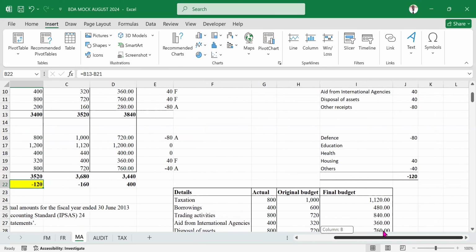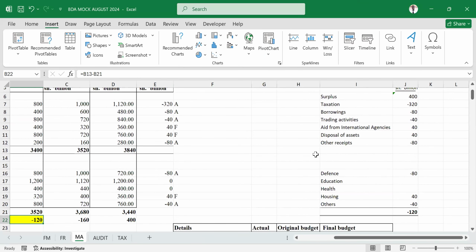Mwalimu, I have a question. Yes. Actually, I'm not understanding the reconciliation statement. As an accountant, I know how we arrived at the 120. So if you're explaining it to a layman, where will you start?